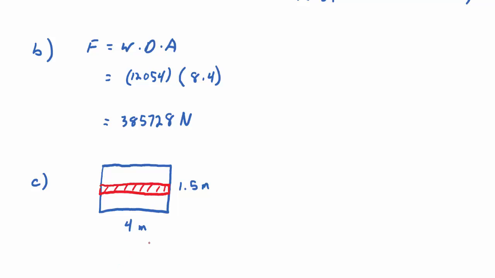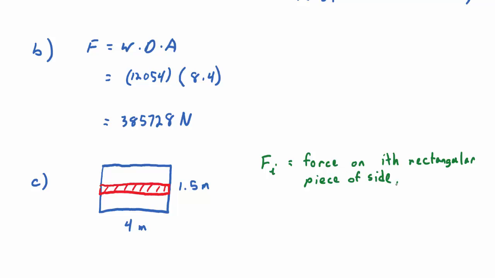So we'll let F sub i represent the force on the ith rectangular piece of the side of the tank. Does that make sense?